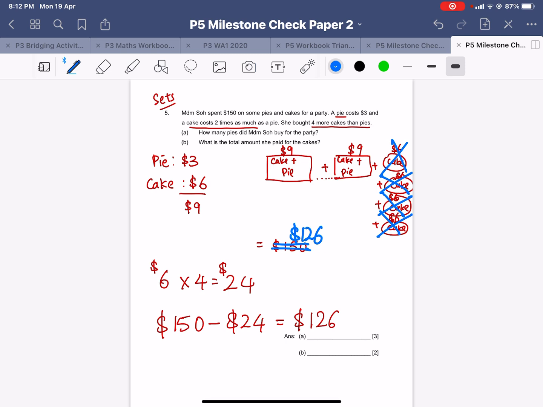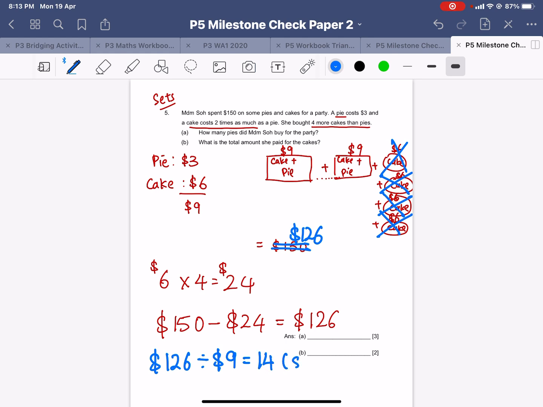So now I have an even number of sets already. Each set is $9, and I have $126. I want to see how many sets I can make with the $9. Exactly how many $9 can I form? This is actually 14.